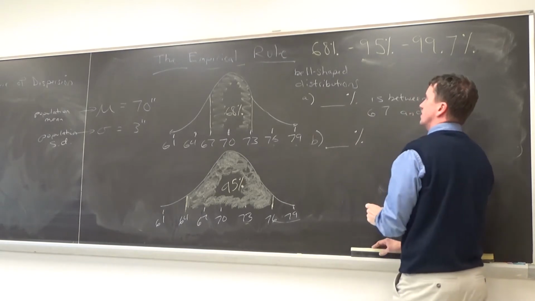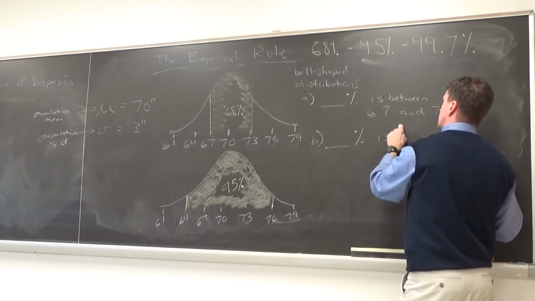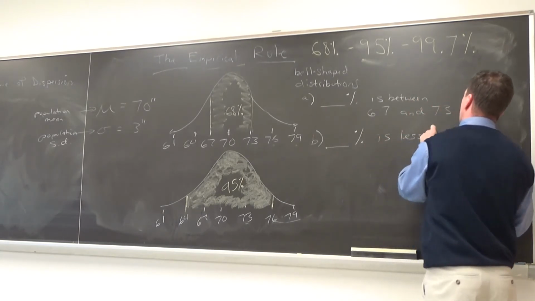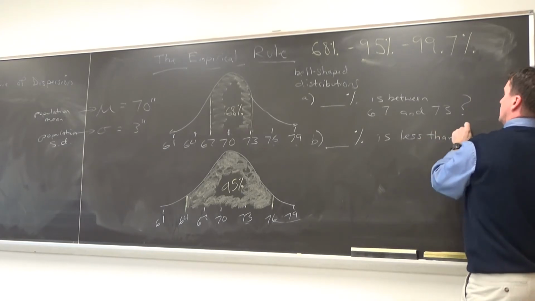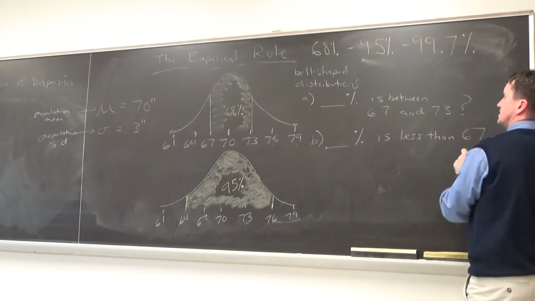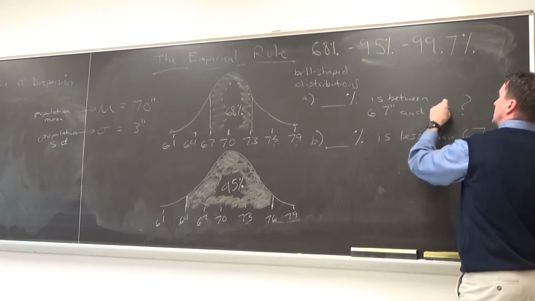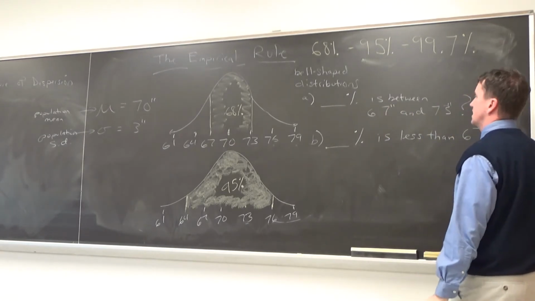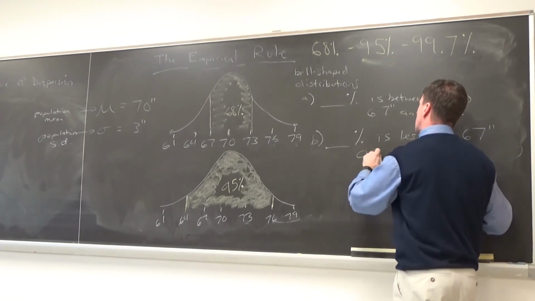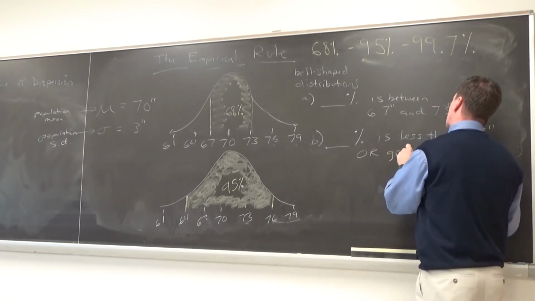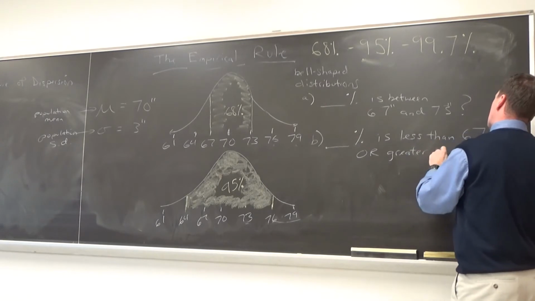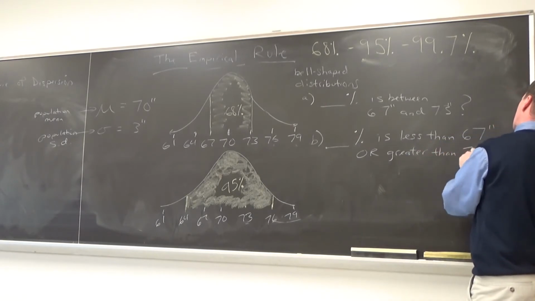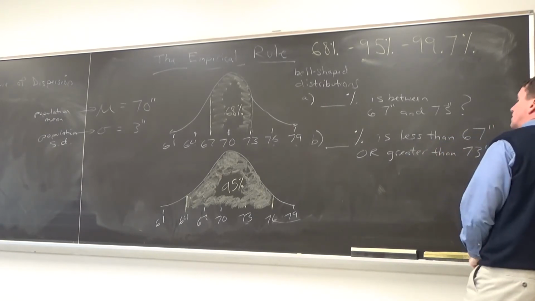How about this one? Less than 67 inches. When you hear the symbol for inches, it's a little tick tick. So it's less than 67 or greater than 73, question mark.